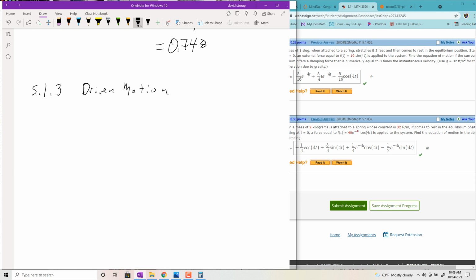The differential equation, as promised, for this scenario will just be your regular differential equation, but with a forcing function on the right side.